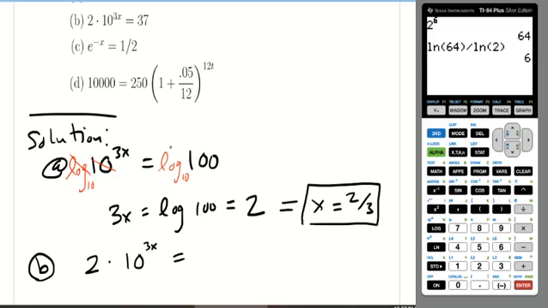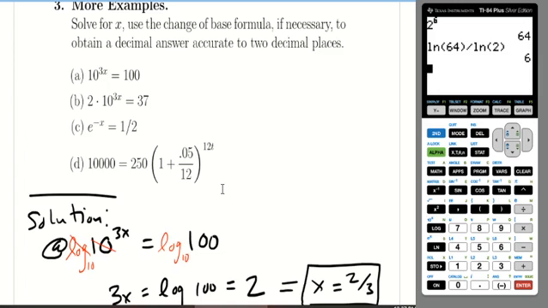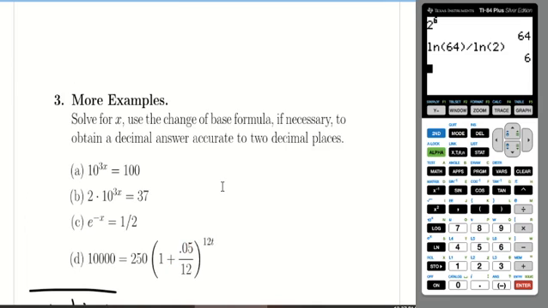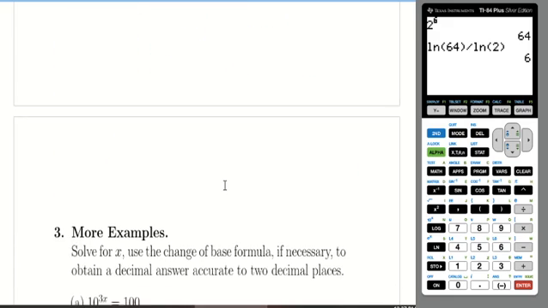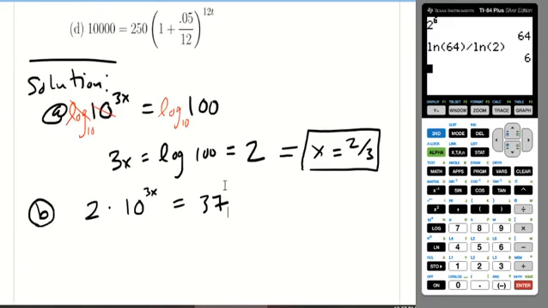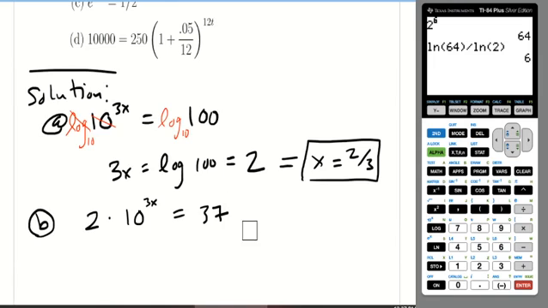Okay. Now notice in part A, we could have done this another way. So if you notice 100 is equal to 10 squared. One property of exponents that I didn't have you recall was, so let me make a separate note of this.